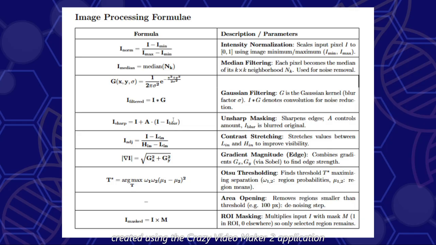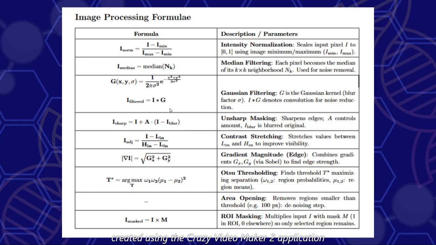Contrast stretching. This expands the pixel intensity range, so differences between the areas are more visible, helping in highlighting the features. Gradient magnitude, that is edge detection. This measures how quickly intensity changes between pixels, helping locate boundaries or edges in the image. Otsu thresholding.